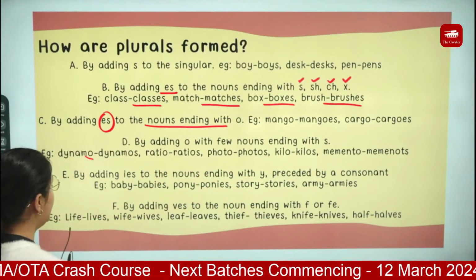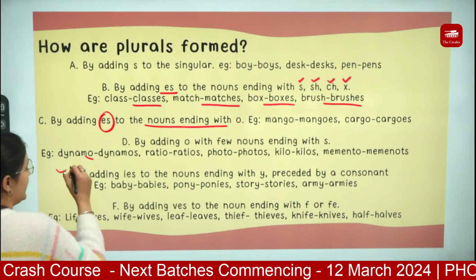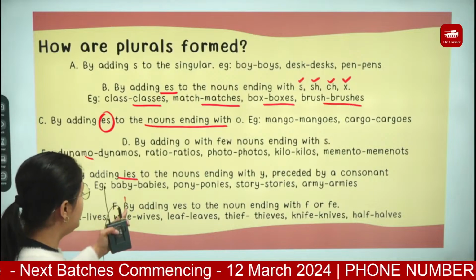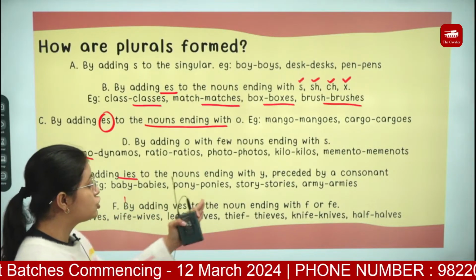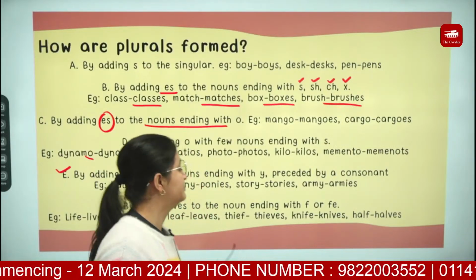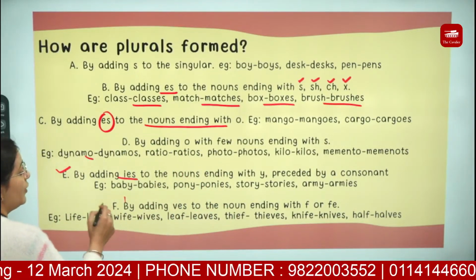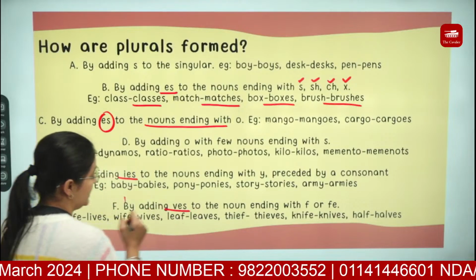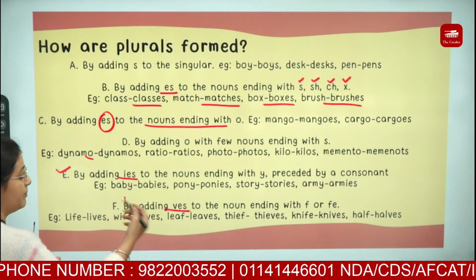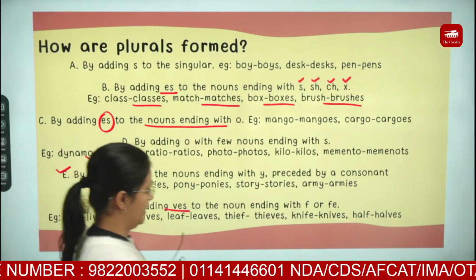Okay. Next type is when we are changing y to ies. For example, baby becomes babies, story becomes stories, army becomes armies. Next, when we are adding ves. So life becomes lives, wife becomes wives, and so on.